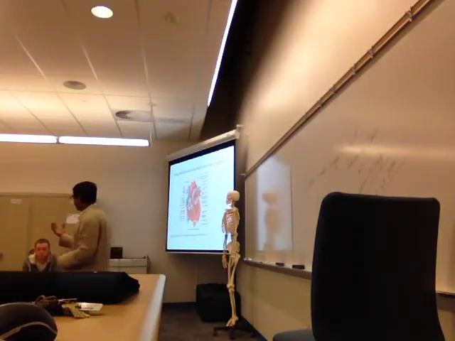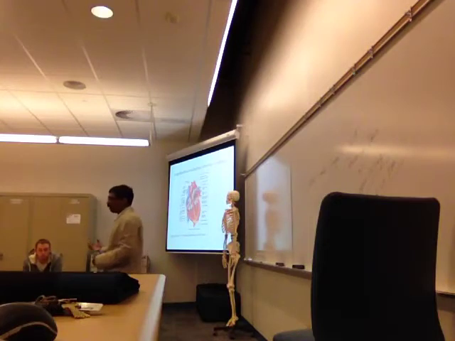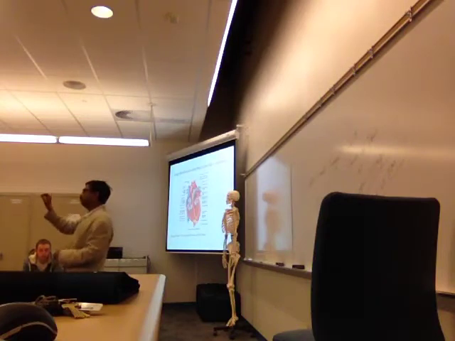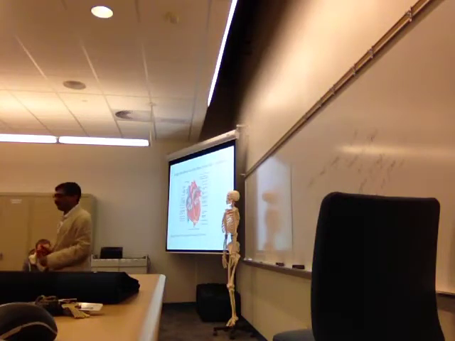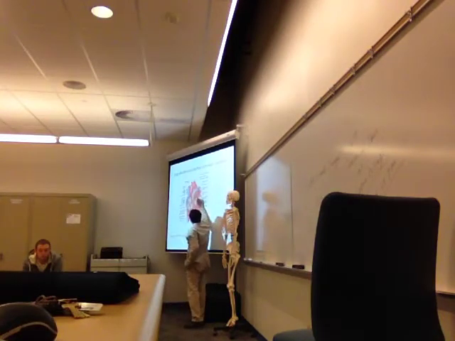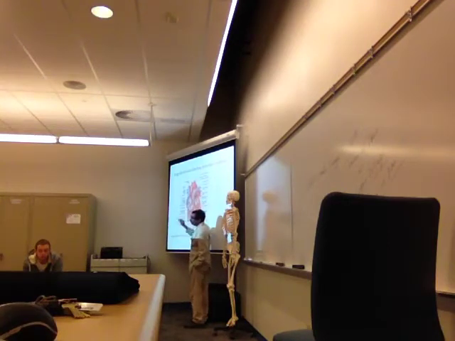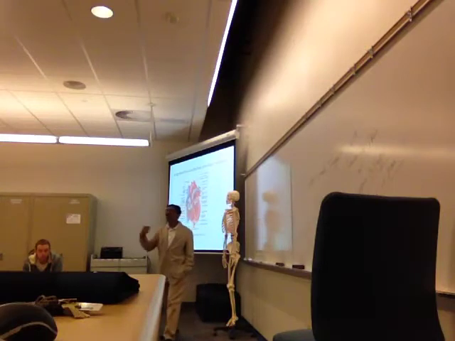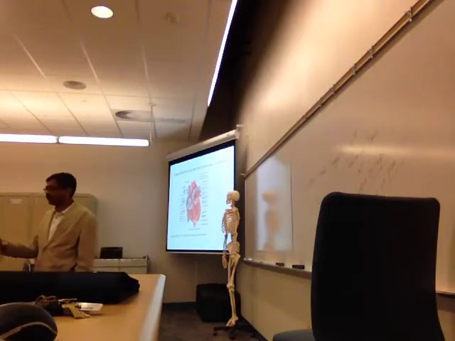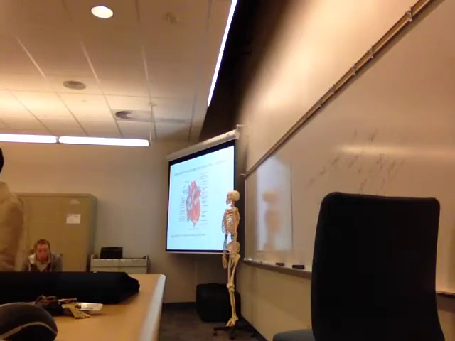So the left atrium will receive the oxygenated blood from the lung, and the pulmonary veins bring it. So we say pulmonary arteries carry deoxygenated blood, and pulmonary veins carry oxygenated blood. It's the opposite of systemic circulation, where arteries carry oxygenated blood and veins carry deoxygenated blood.